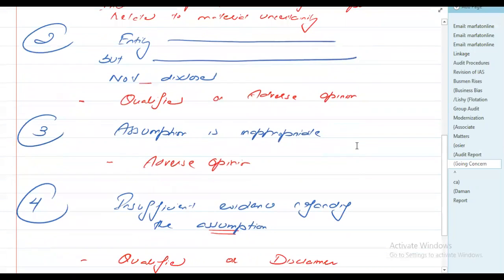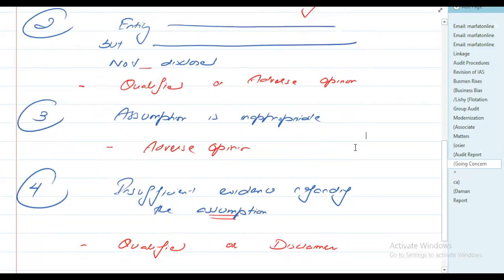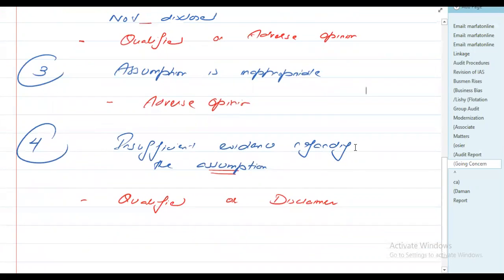If the going concern assumption is completely inappropriate, that means they are not a going concern, but they still have made the financial statements on the going concern basis, then the adverse opinion will be given. And the fourth case is that the auditor feels that the evidence regarding the going concern assumption is insufficient.